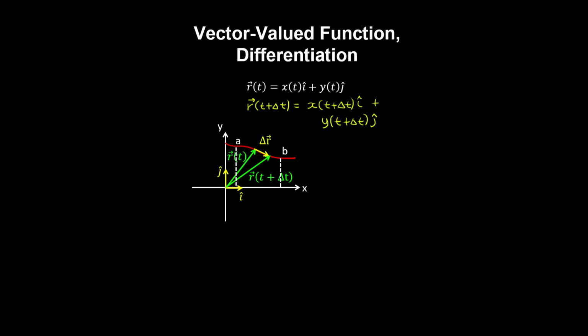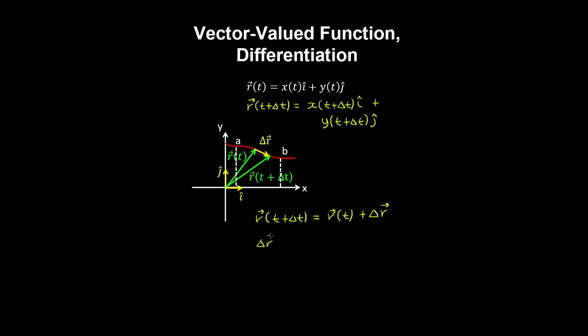And using vector addition, we can obtain a relationship between r at t plus delta t and r of t, where delta r is the secant vector between 2 points along the curve.